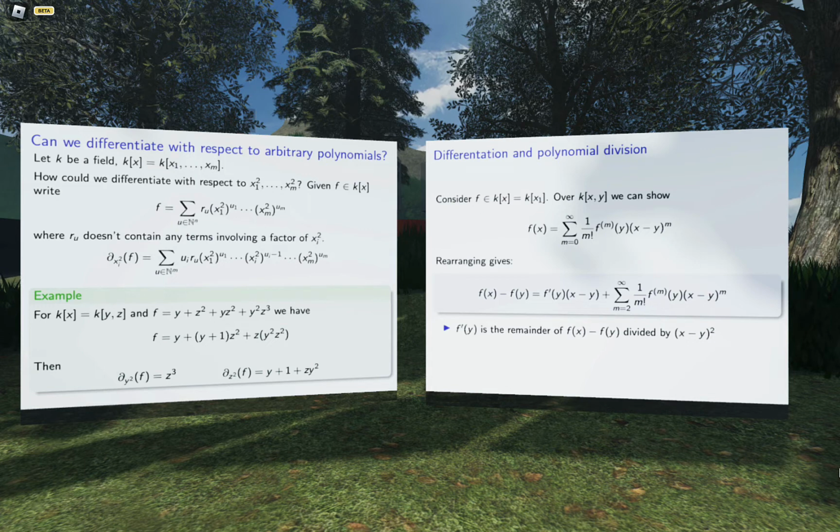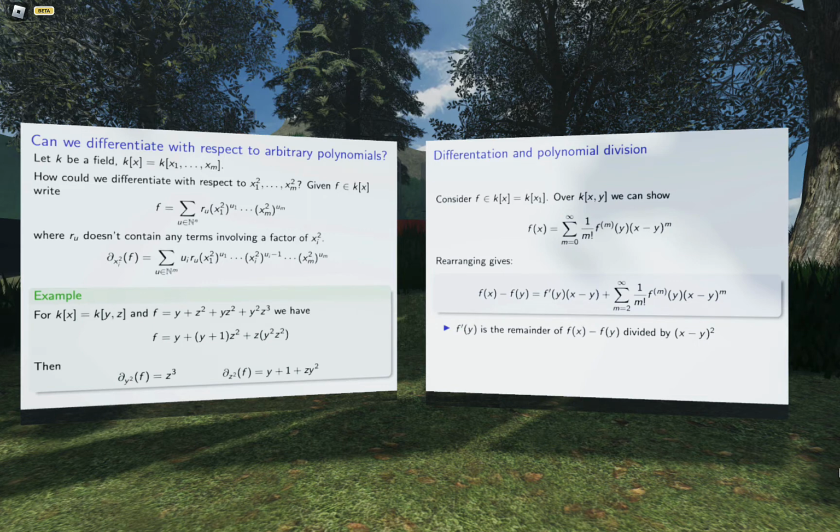I think this is fairly clearly inspired by something like Taylor's theorem, and this is not too hard to prove. Now the point is that when we rearrange this expression, bringing the 0th term of that sum to the left-hand side, and separating out the first term of that sum, we obtain an expression that looks like this.